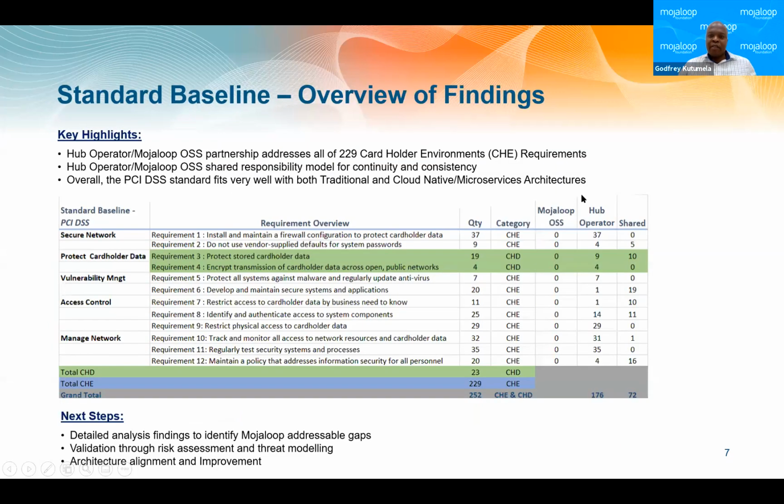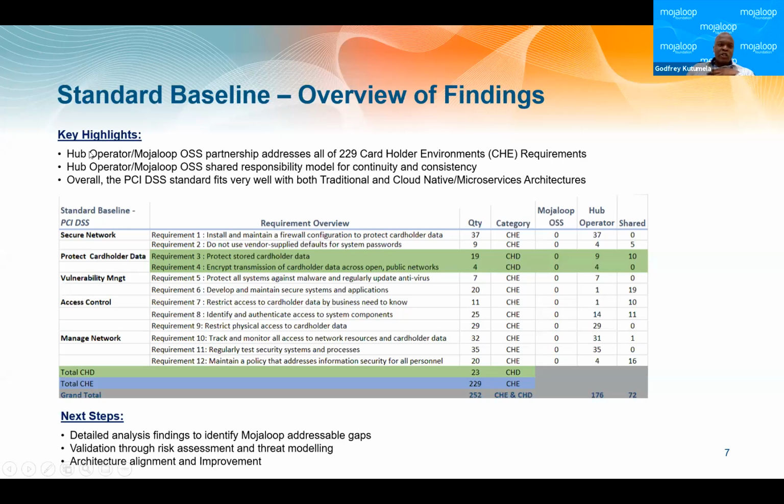Just to quickly give a high-level view of how we approached it. As you can see, the blocks here show what belongs to whom. I've categorized it between the hub operator and Mojaloop OSS. And I can pretty much say we cover all the sections of the standard. We're able to say we can do something about it to ensure that it is part of what we've built into our Mojaloop system.